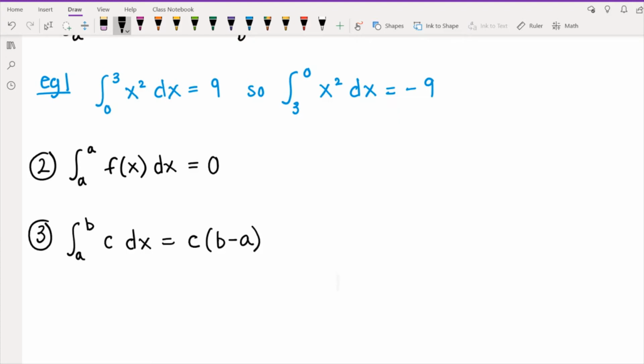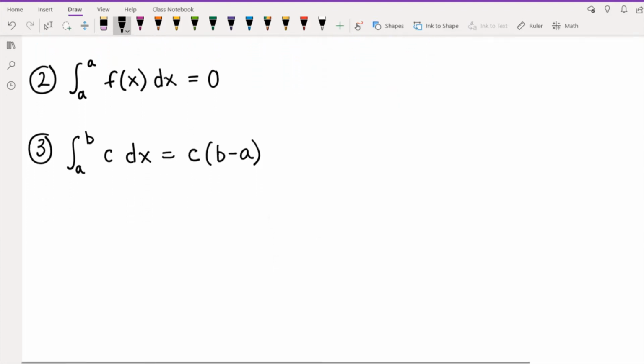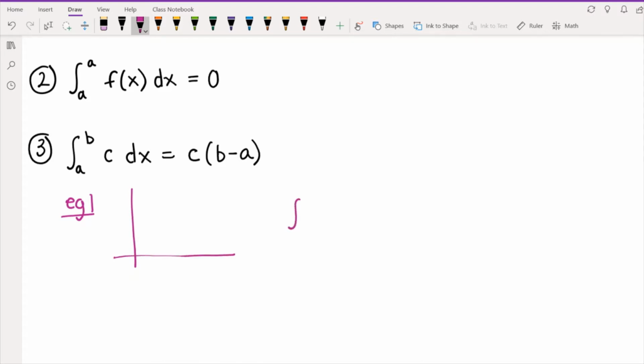So why is that? It's basically just because if you have a constant function, your area is just the area of a rectangle. So for example, let's say you're trying to take the integral from 1 to 4 of the function 5. So f of x is equal to 5 looks like just a line at a height of 5.